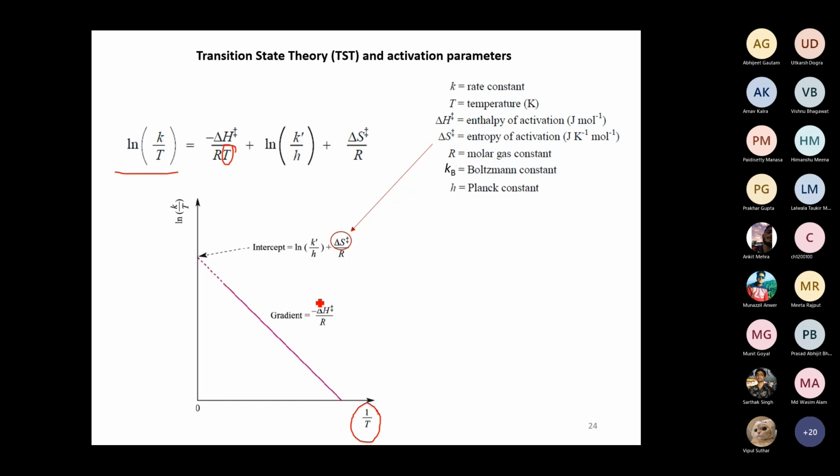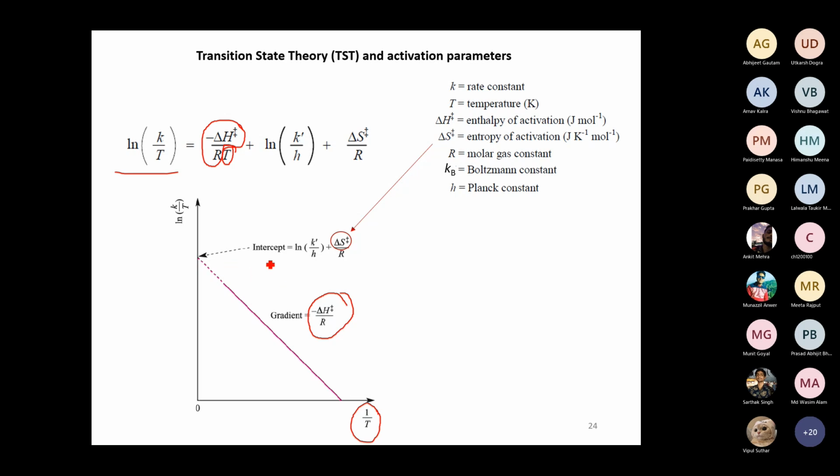So what about the slope? Whatever the slope or gradient you get, that will be the value of minus del H by R. You know the value of R, so if we divide the slope and multiply by R, you will get the value of del H. It is very simple.